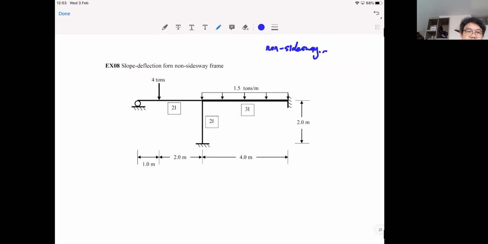So let's come back here. This frame, you have the lateral restraint here, so it will not move sideways. That means you can just go on and tackle this right away. Let me give it a name.